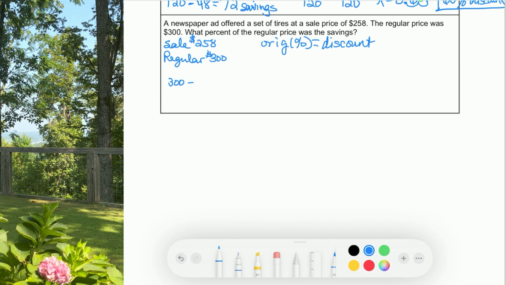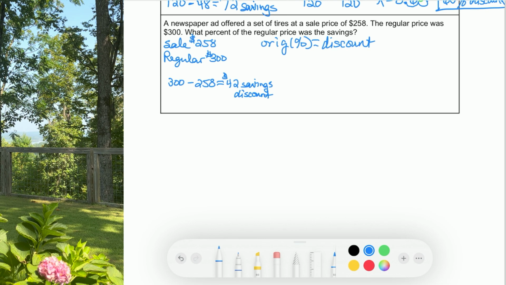So again, I need to take the regular price, subtract the sale cost to find how much was actually discounted. So 300 minus 258 is $42. That's the savings. That's the discount, okay?